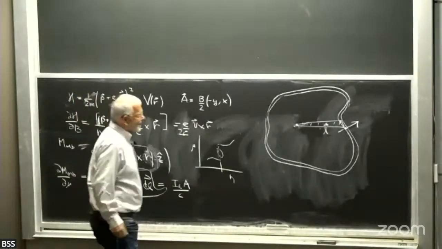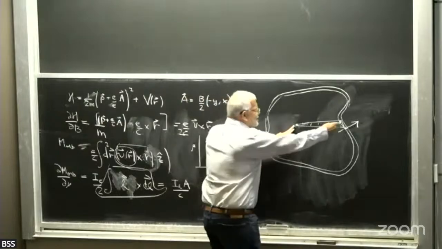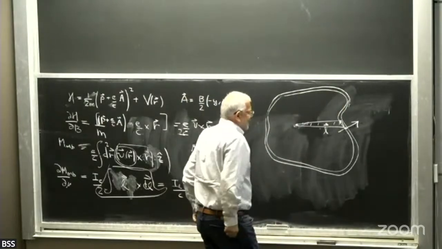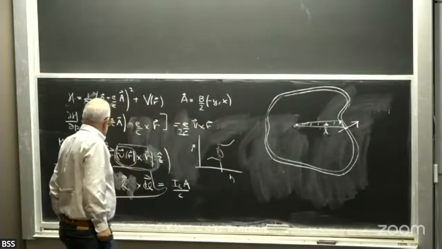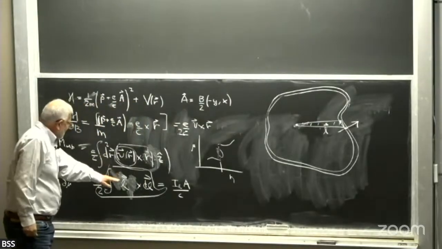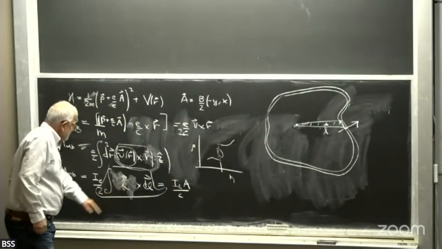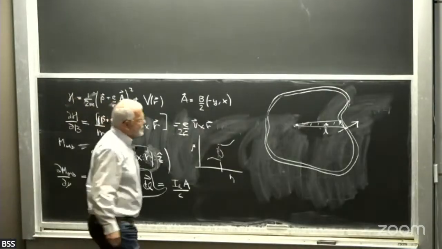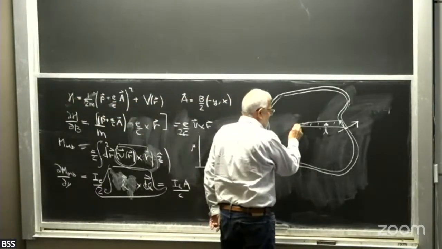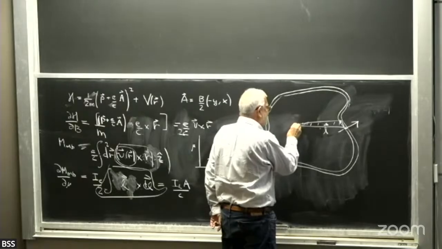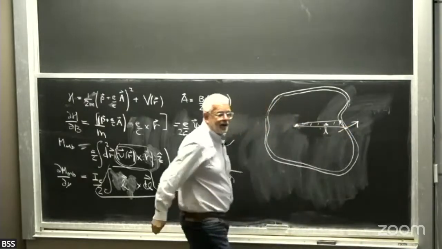So let's say this is just a curve. All I've written here is the vector that goes from some arbitrary origin on the edge.